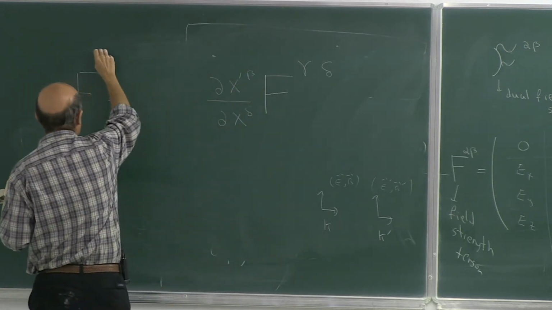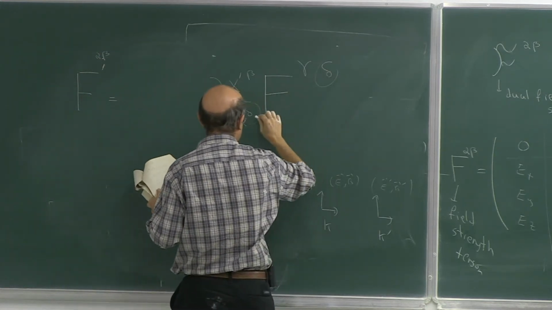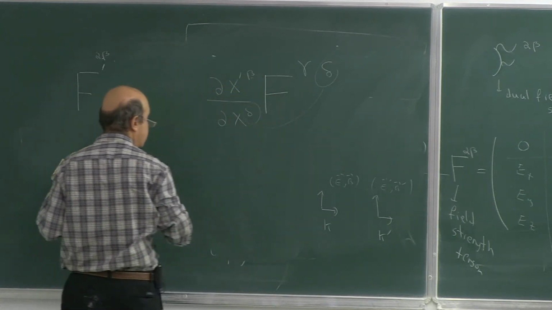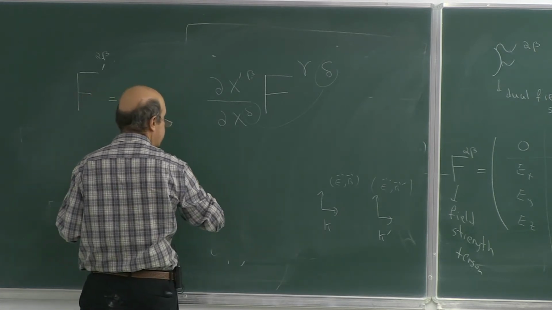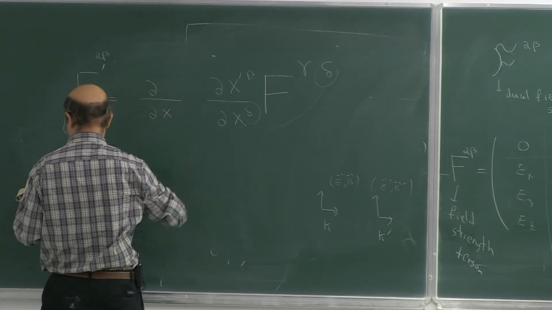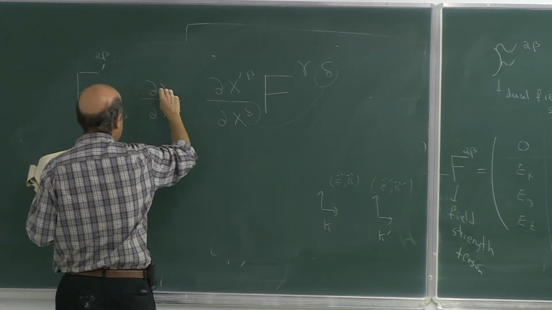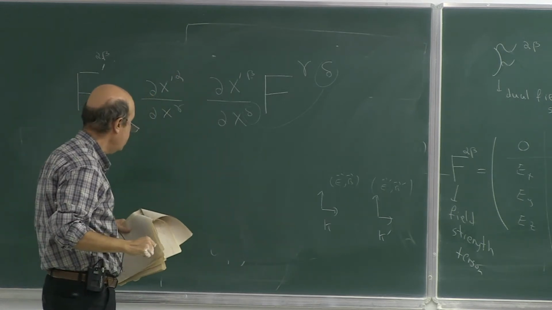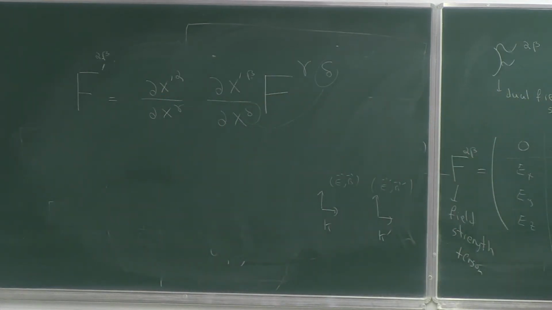Let us call this alpha beta. So these two indices will be contracted and leave a beta, and similarly for the gamma component, the field strength tensor will be transformed as del x prime over del x gamma, leaving a free index alpha. So this is the transformation of the field strength tensor in the new frame.